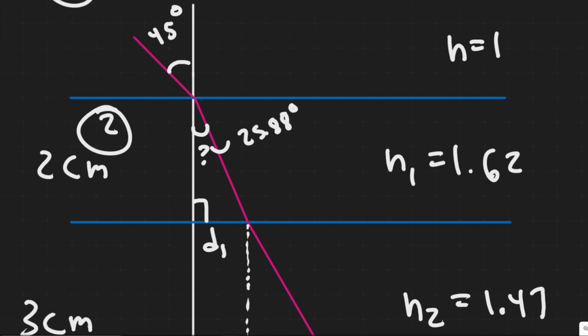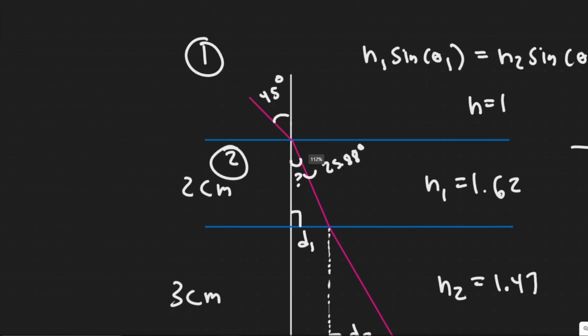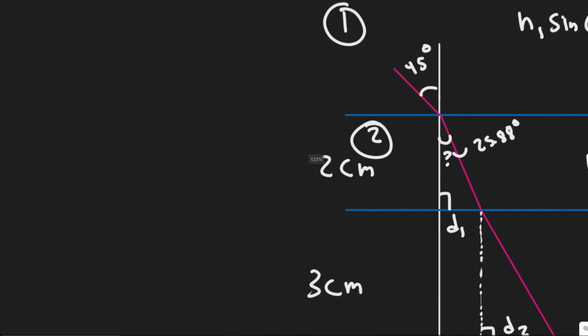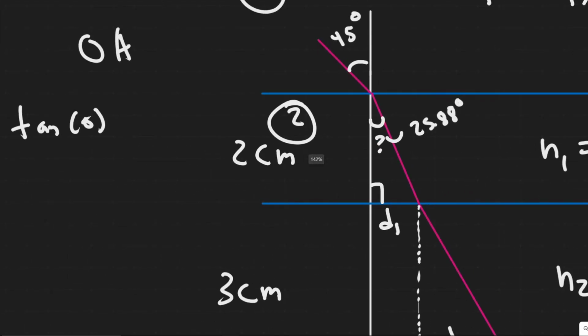And the way we can do that is by using trig. So notice here, we can use the tangent function. Actually, let me rewrite this. The tangent of an angle is opposite over adjacent. Looking at our angle, the opposite side of the triangle is D1, and the adjacent side would be your 2 centimeters right here, this length.